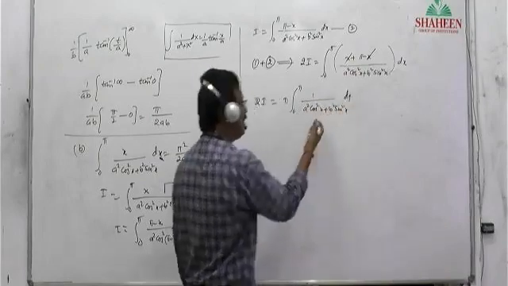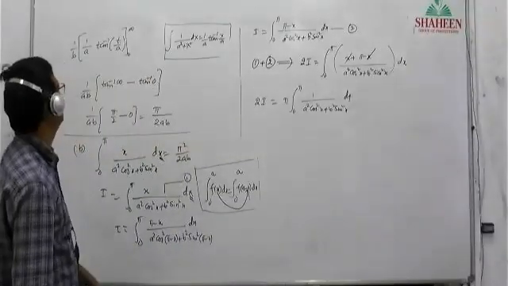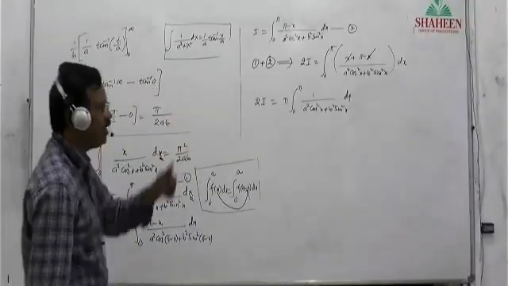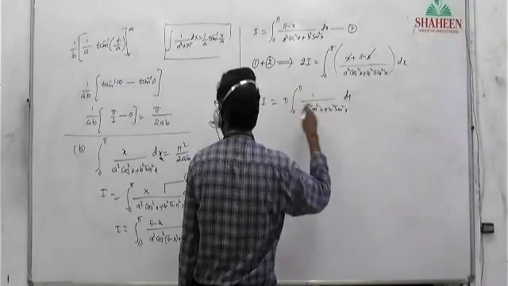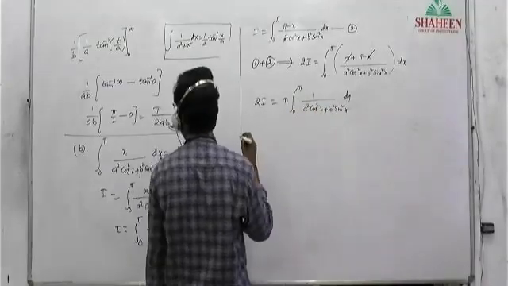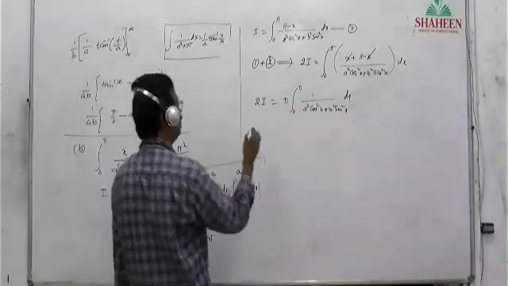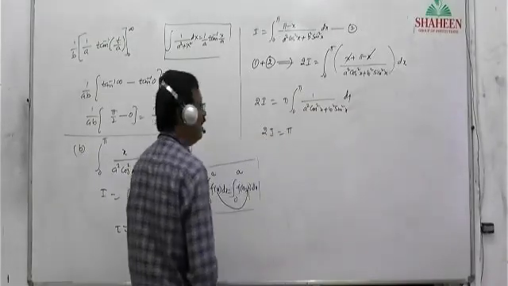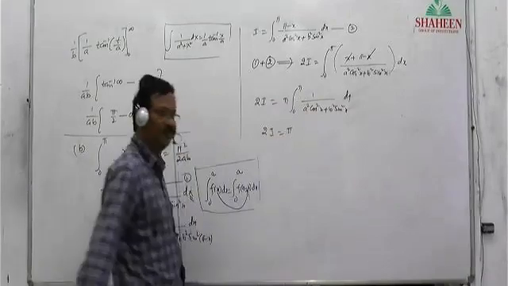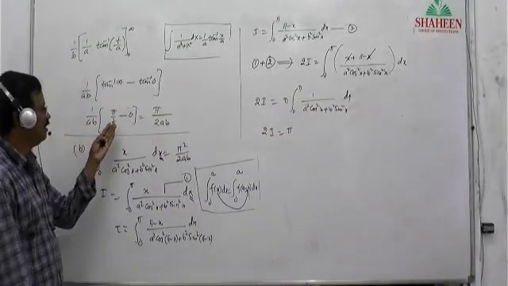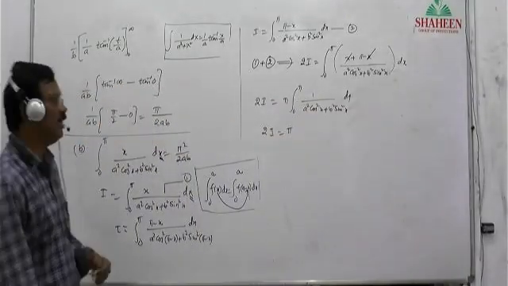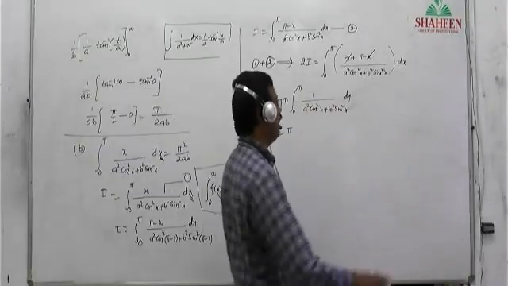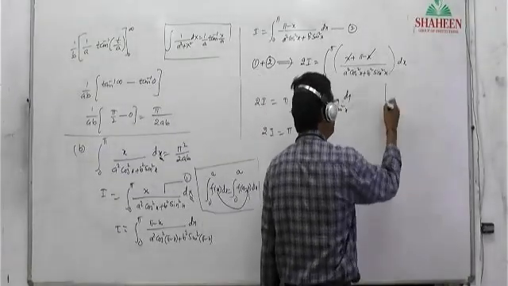Now, is this the last problem? What is the answer you got in this? 2I is equal to. Is that the last answer? In any problem, you have to check the limits also.